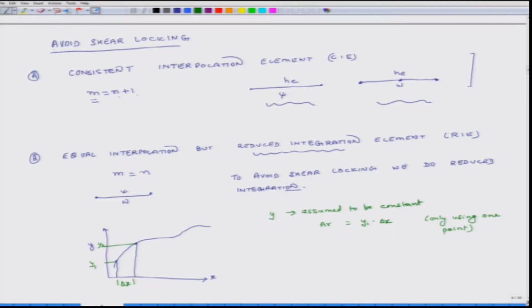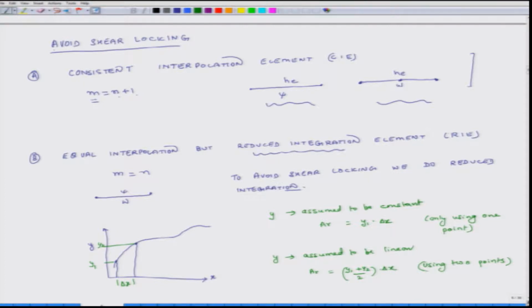If I say that y is assumed to be linear, then the area is equal to y1 plus y2 divided by 2 times delta x. Here I am using 2 points for integration.